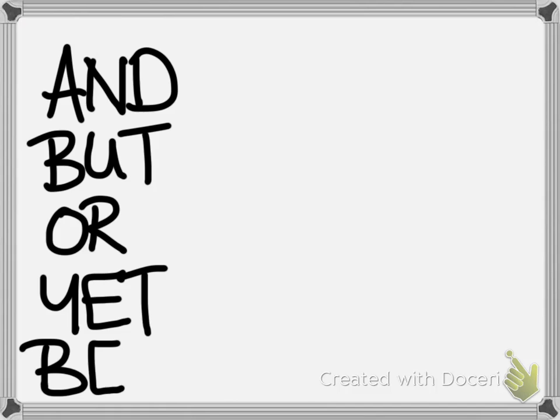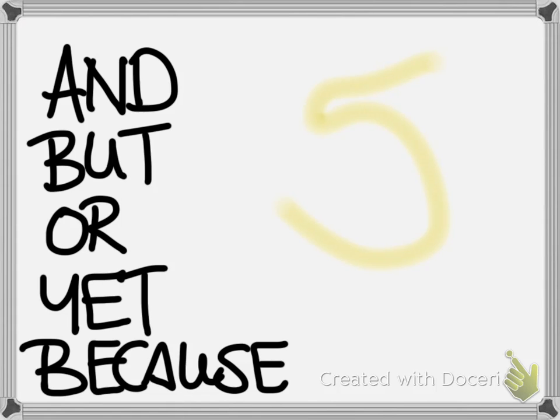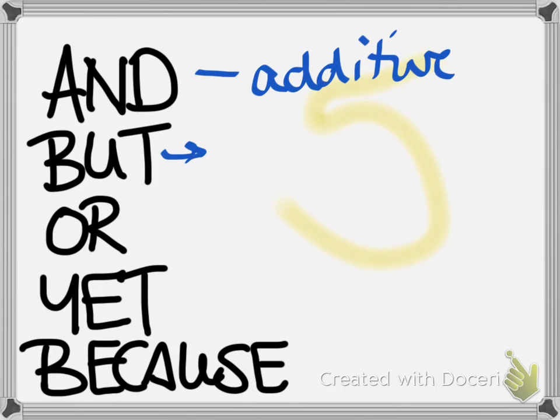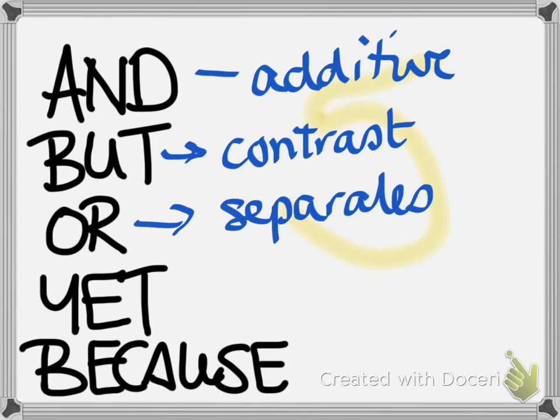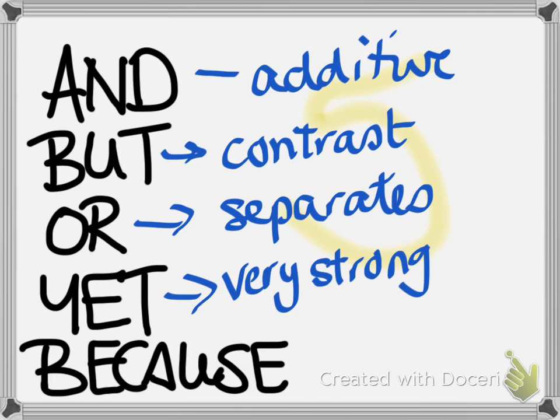The 5 most common coordinating conjunctions that you're going to run into are and, which is additive, but, which shows contrast, or, which separates things, yet, which shows very strong contrast, or because, which gives a reason.